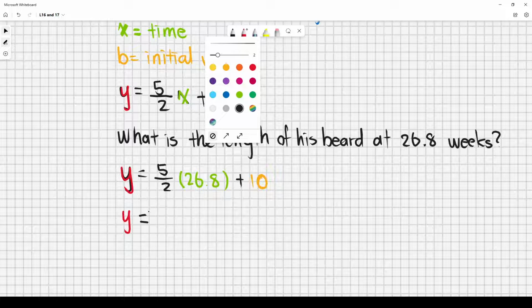So 5 times 26. Oh, it's actually pretty nice. 67, and the unit is millimeters. The entire question is in millimeters and weeks.